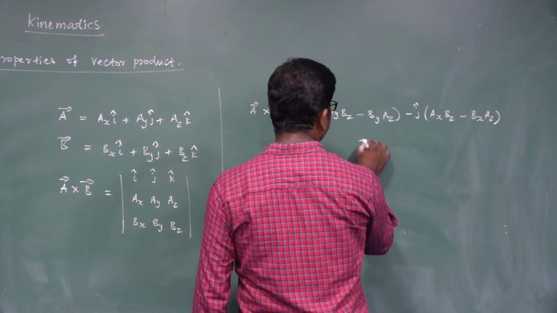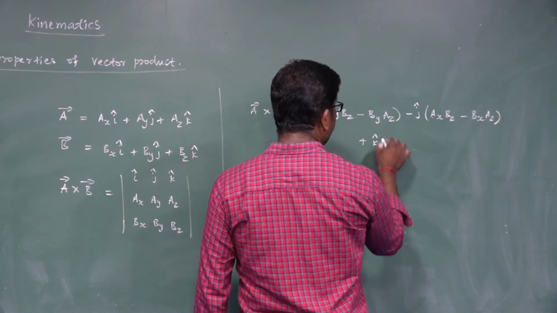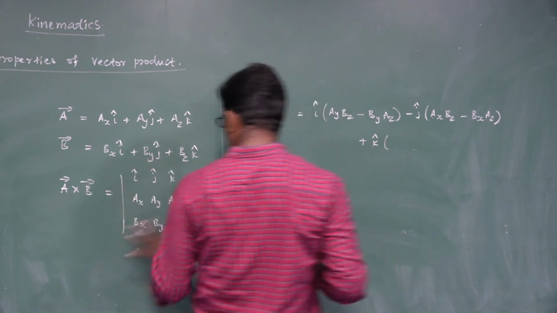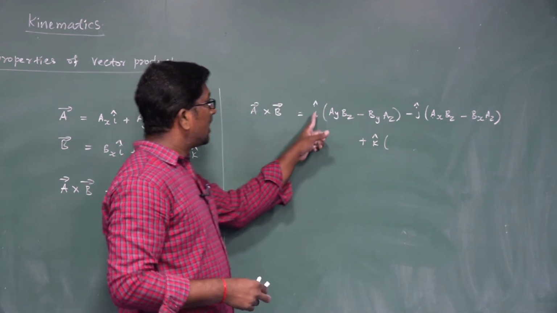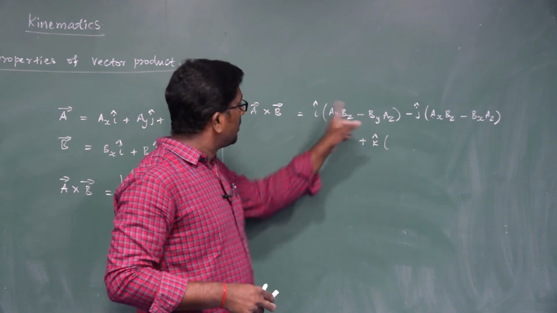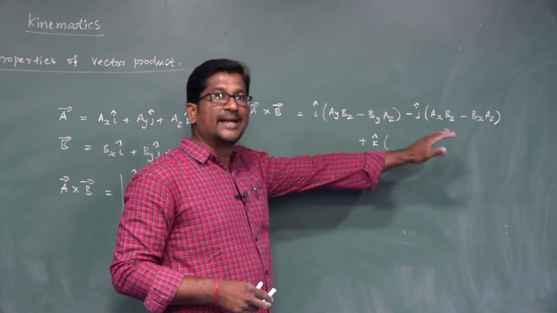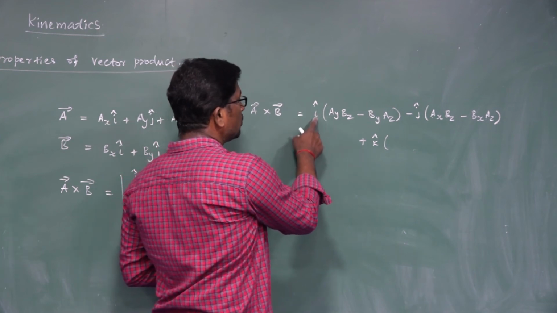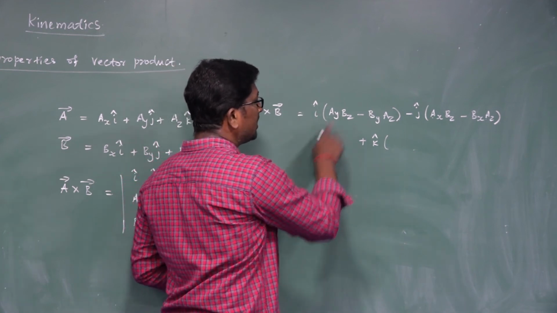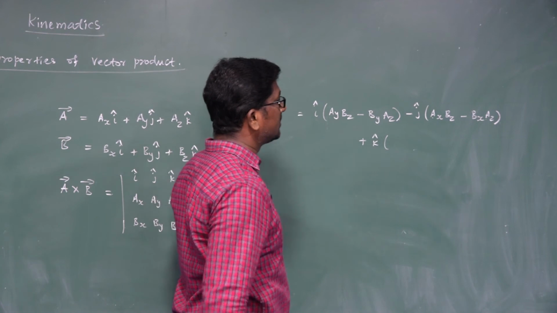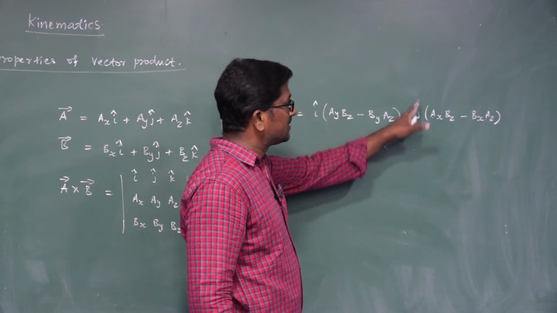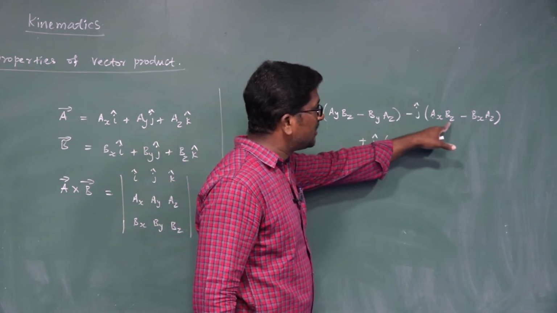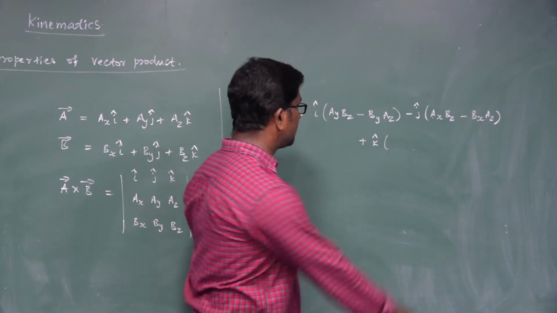Next, plus k of, this is a procedure while dealing with the matrix. The signs go plus, minus, plus. We are doing like that. So first positive, so plus i cap of Ay Bz minus By Az. Right. Next negative, so minus j cap of Ax Bz minus Bx Az.